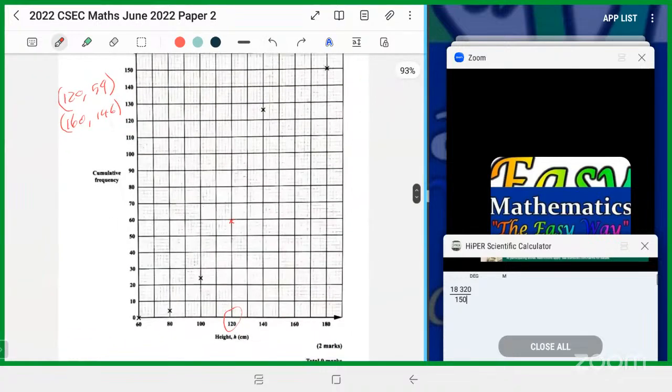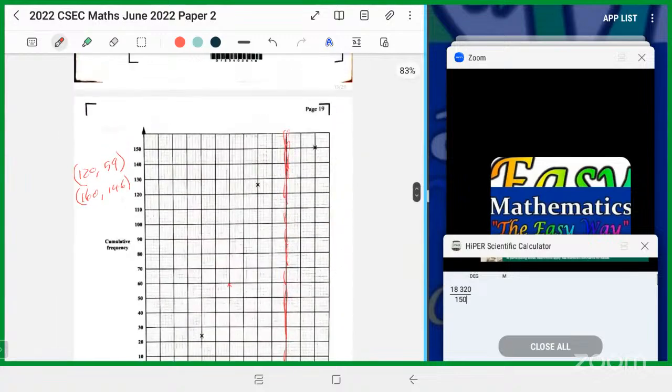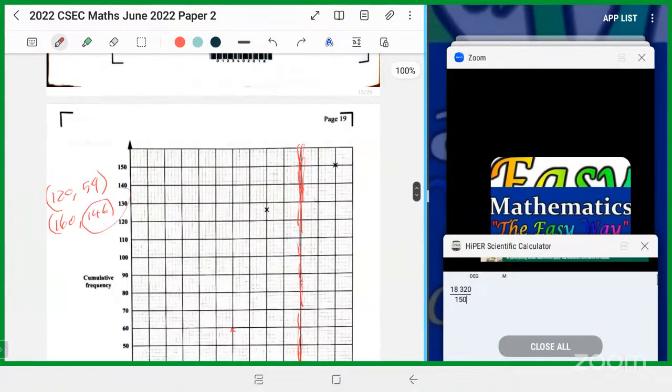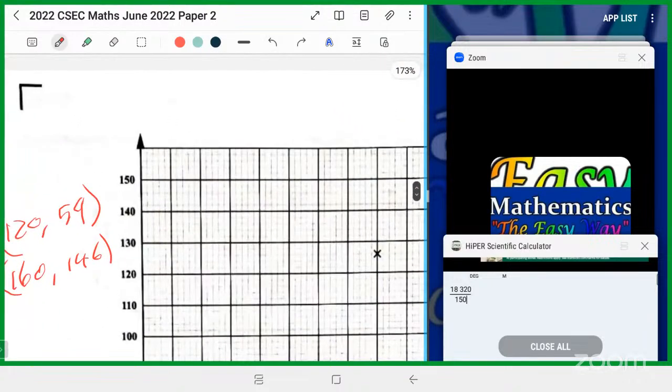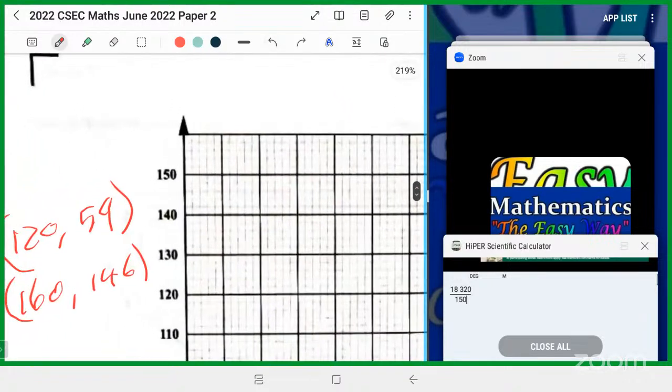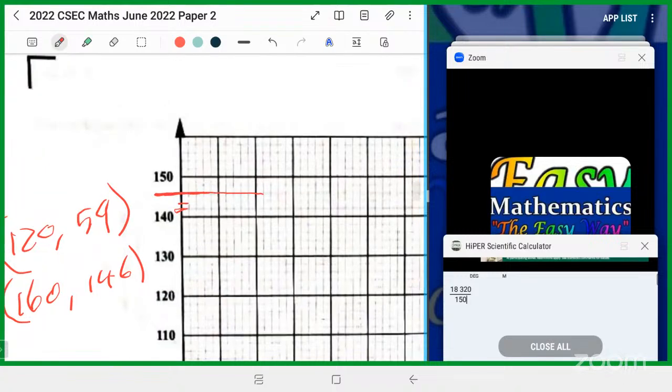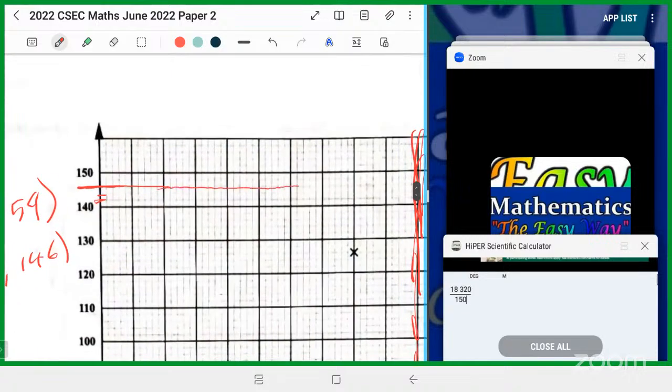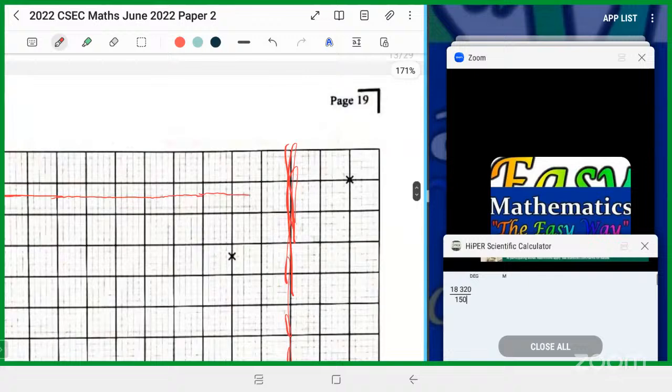So 160 is this line up here. We're looking now for 146. So 140, 142, 144, 146 is this. So come across this one, and they meet here. This is the point. That is it.